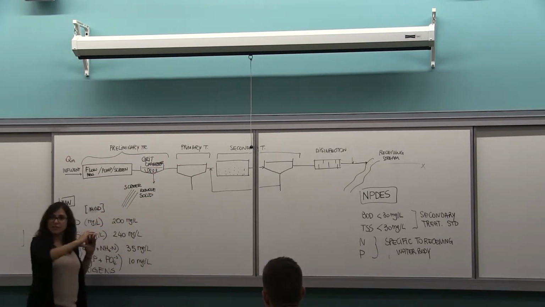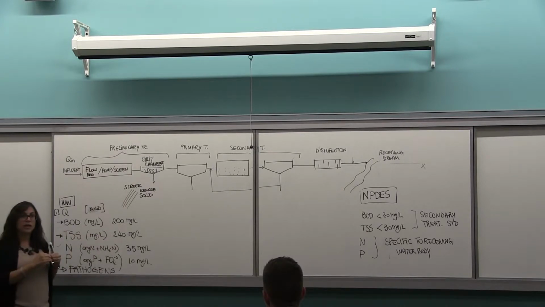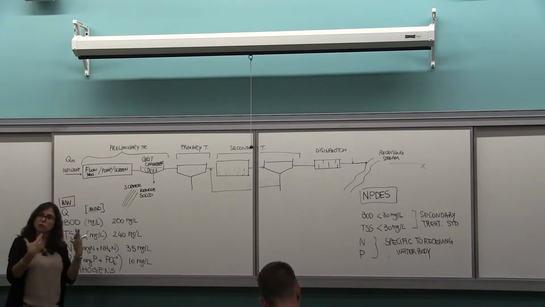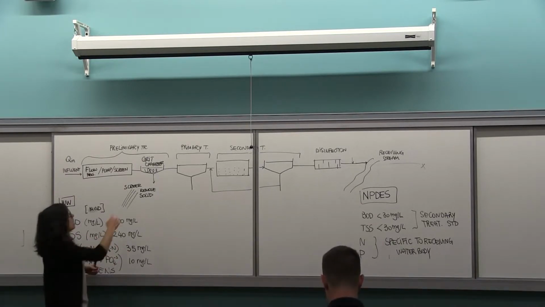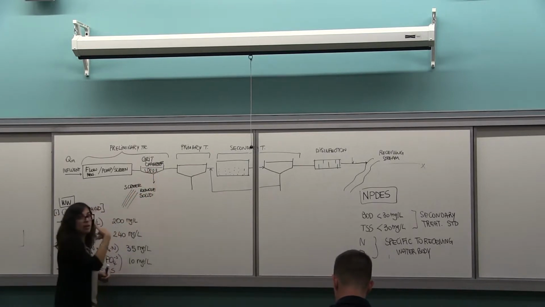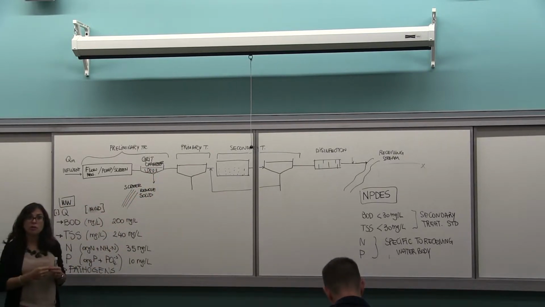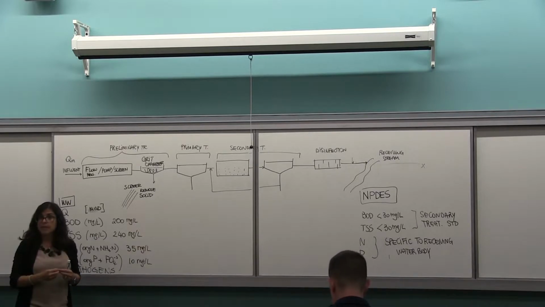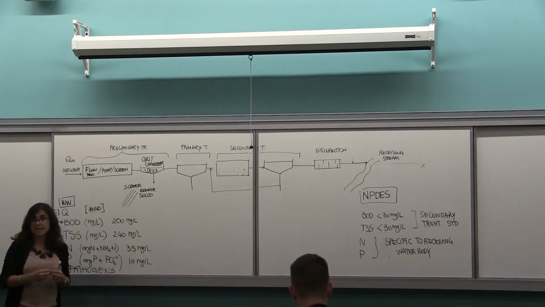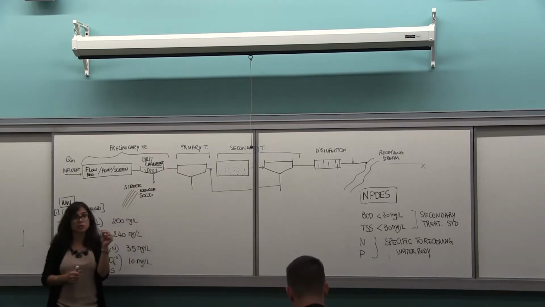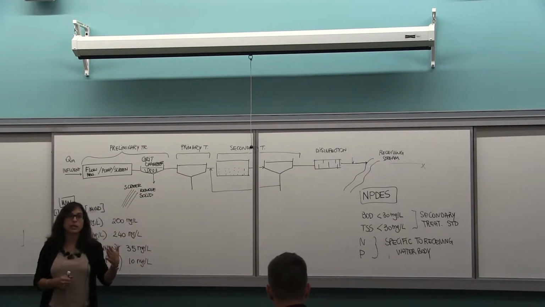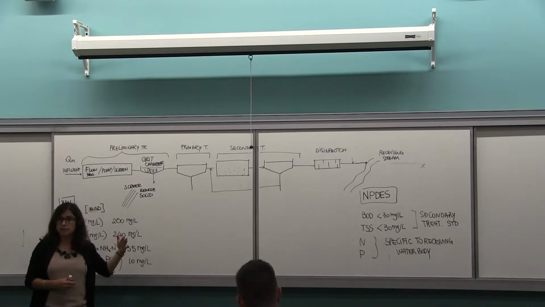It's usually a rectangular channel where you insufflate air, also to avoid the septic smell as the system starts going anaerobic. But the air is actually to help us with the removal of settleable solids, mainly grit and sand. So a grit chamber removes larger particles that can settle quickly, in the order of minutes.